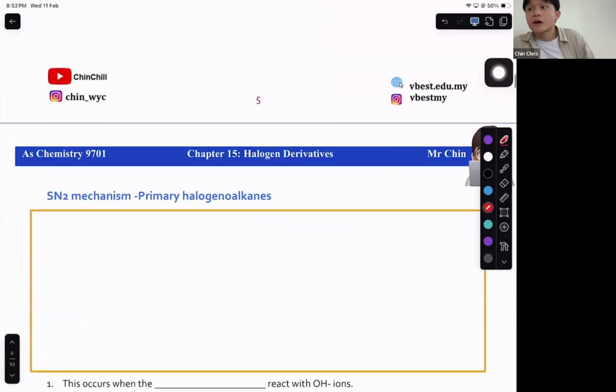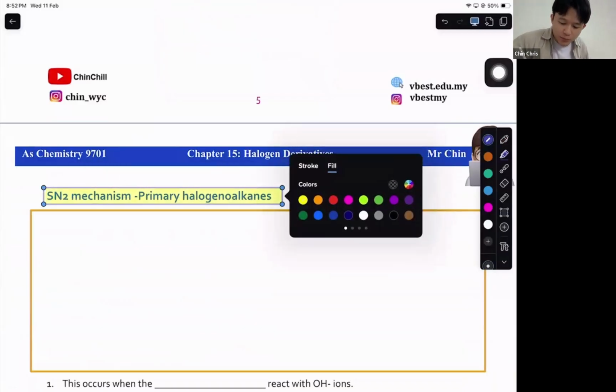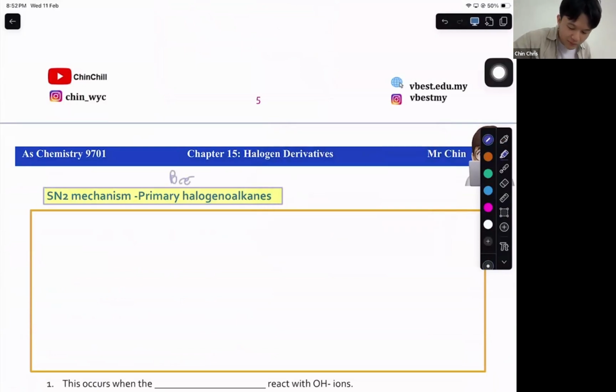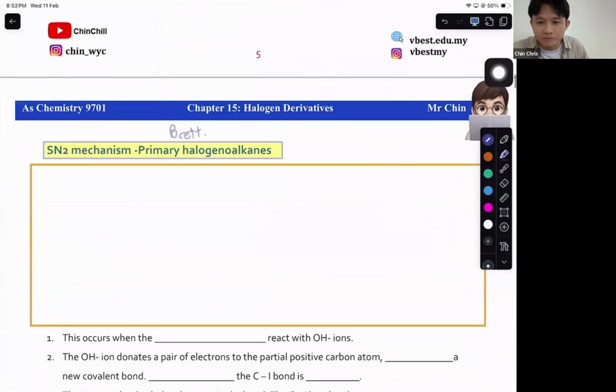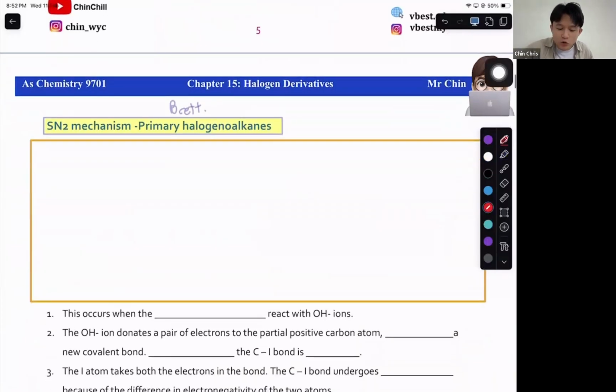Guys, let's go. SN2 mechanism. Let me tell you a story. Oh, Valentine's is near, right? Yes. Brad, I'm going to use you. I think this is you. Yes, I'm pretty sure this is Brad. I'm just going to put here Brad SN2. Hi. So guys, SN2, right? What does 2 mean? Remember this.